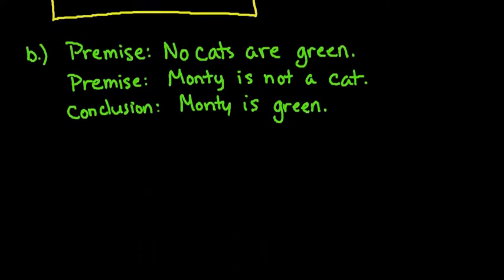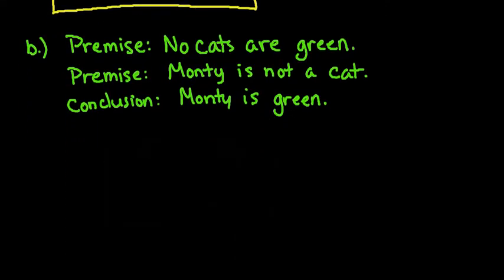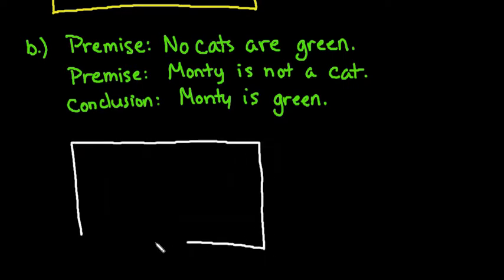All right, so let's look at a second example. Our first premise is that no cats are green. Our second premise is that Monty is not a cat. The conclusion is that Monty is green. So we want to see if this is valid or invalid. Let's start with our first statement. No cats are green.